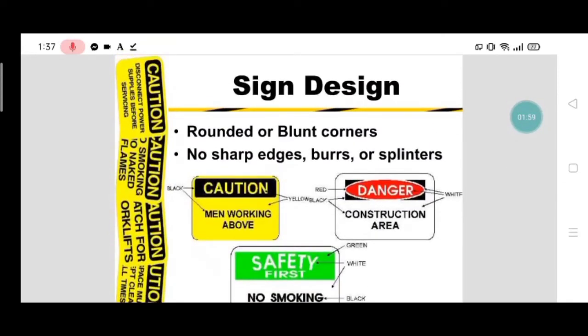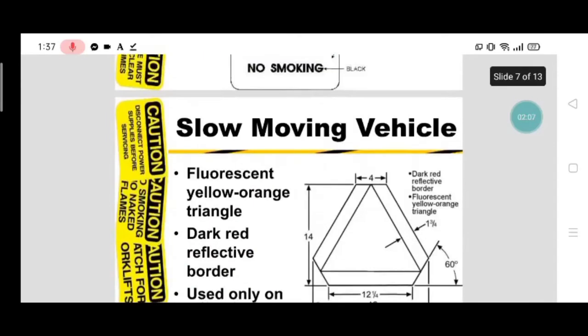So we have this sign design: rounded or blunt corners, no sharp edges, burrs or splinters.